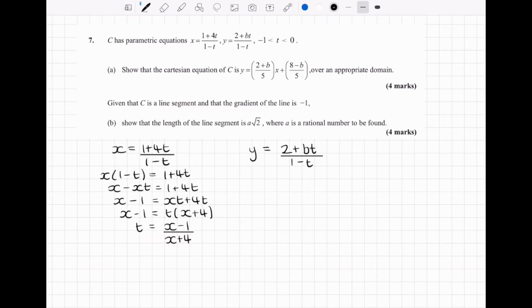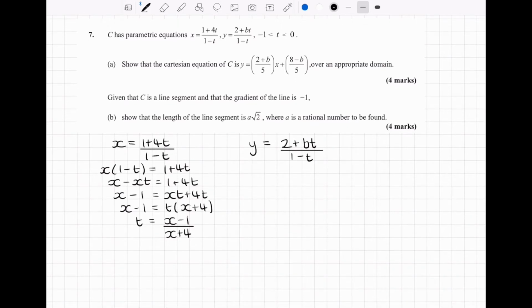If I sub that into y, it looks quite messy from this point, but if we do some rearranging, we'll get to our nice Cartesian equation in that form. So I'll sub in t equals x minus 1 over x plus 4.